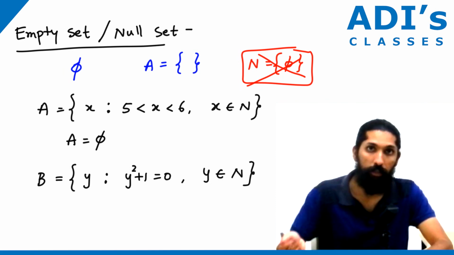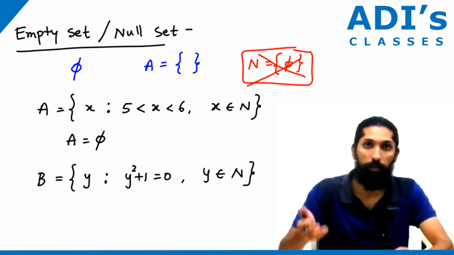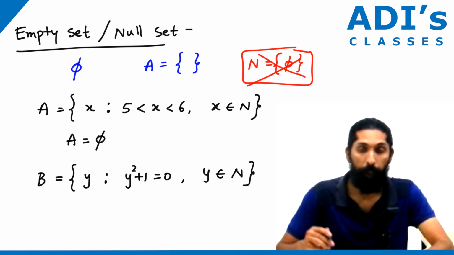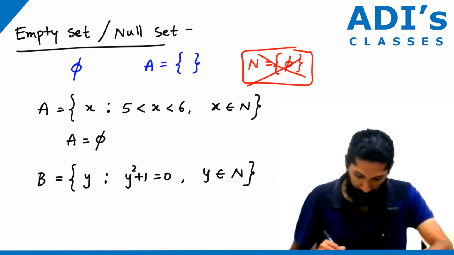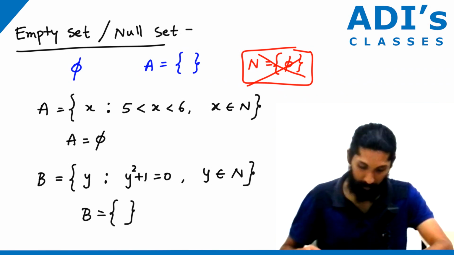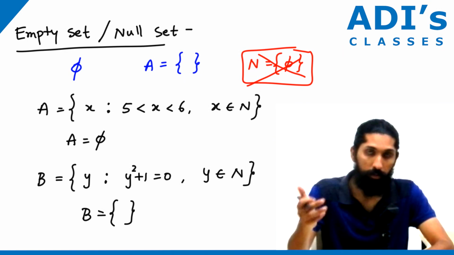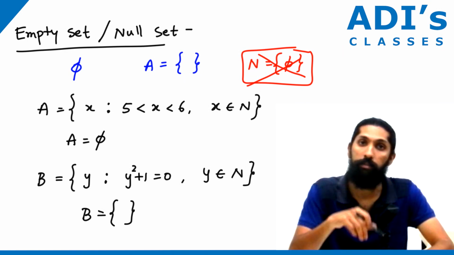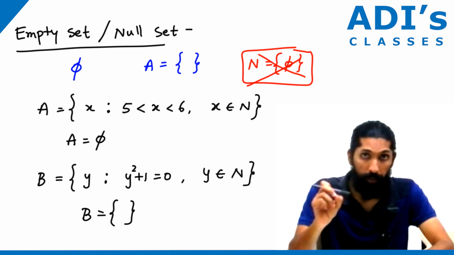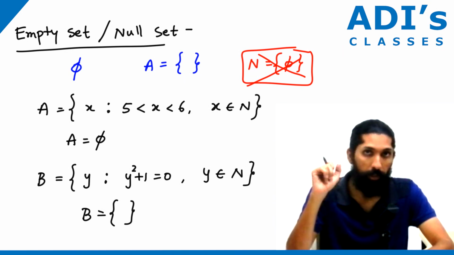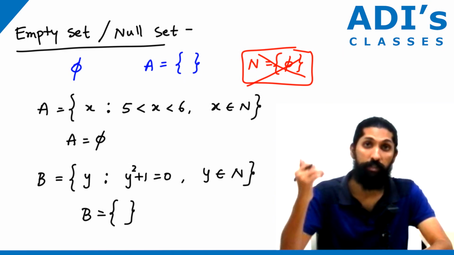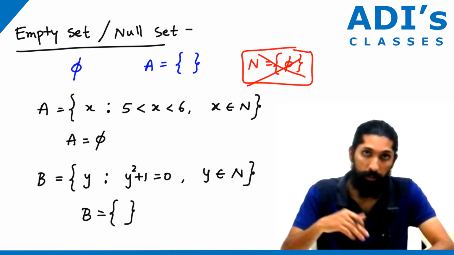You won't even get a real number. Forget about natural, you won't even get a real number. So here you can write B is a null set. Both the representations of A and B, what you're seeing, are null sets. Either we write phi or we write just an empty bracket. This is one type of set, what we call a null set.